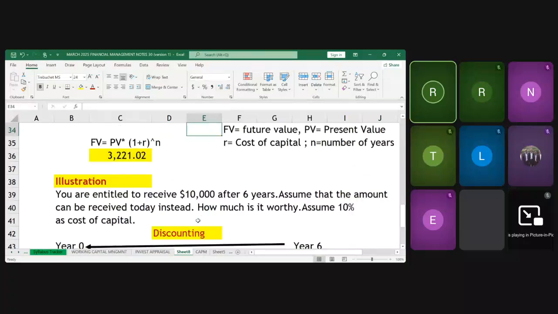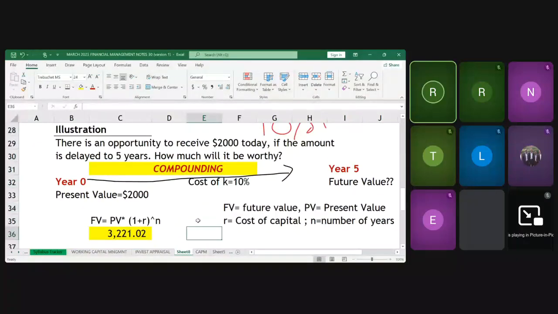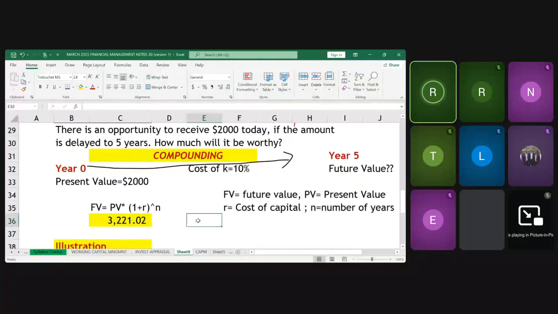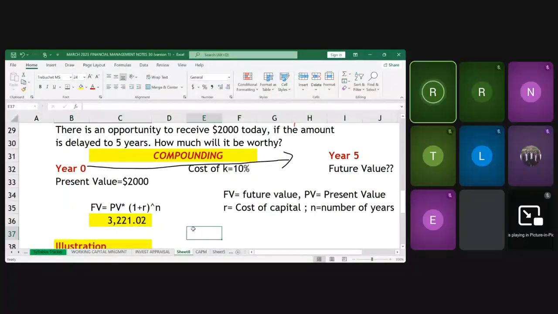But why have we done this item called compounding? Whenever we appraise projects, there is no economy that has no inflation. So we are going to incorporate this concept of compounding when we are dealing with inflation.